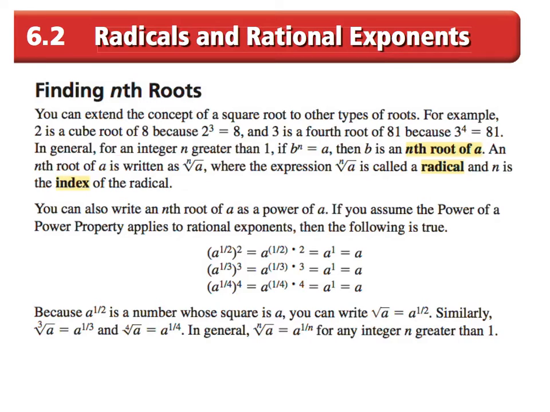In general, for an integer n, so n is an integer greater than 1, b to the n power, the power has to be greater than 1, is equal to a. If b to the n is equal to a, then b is the nth root of a. An nth root of a is written as the nth root of a.